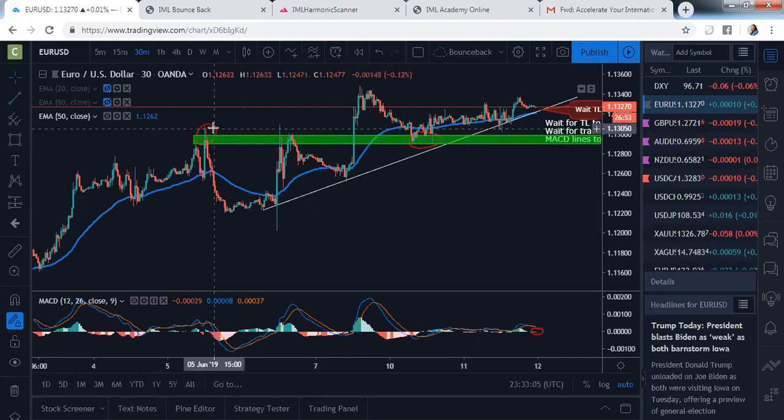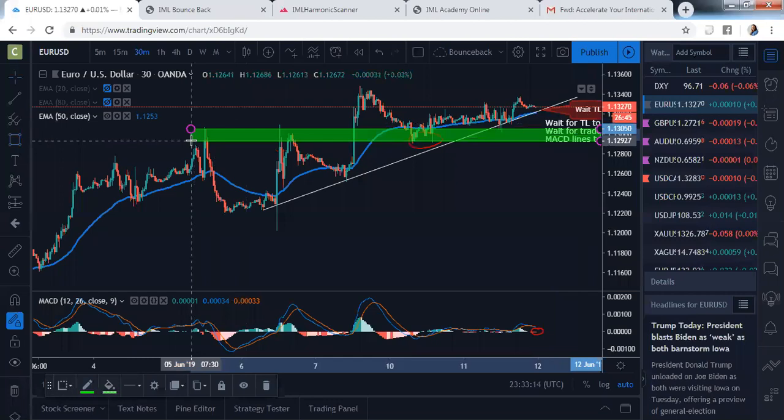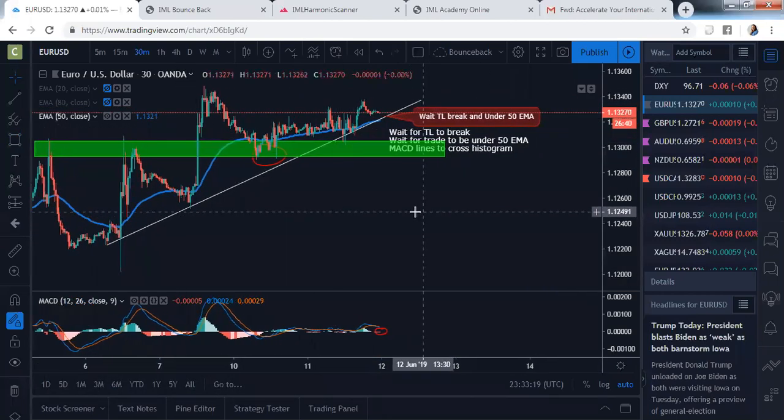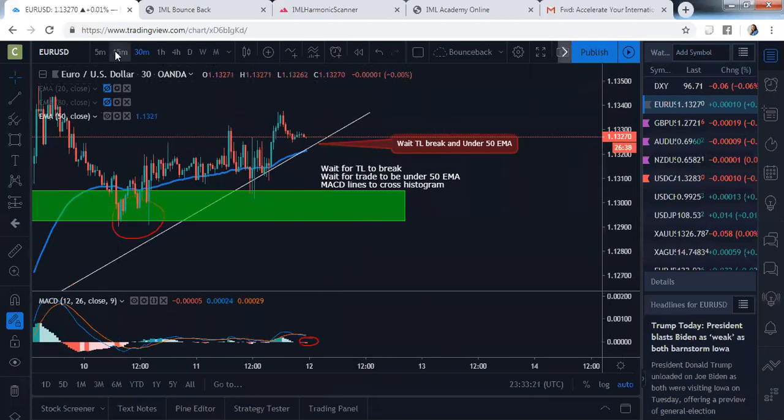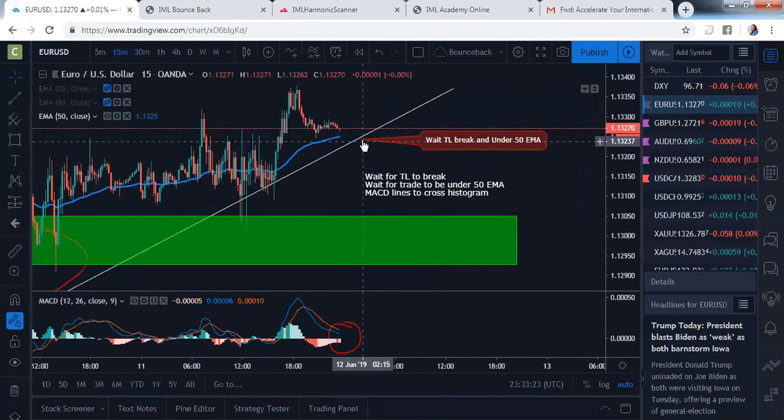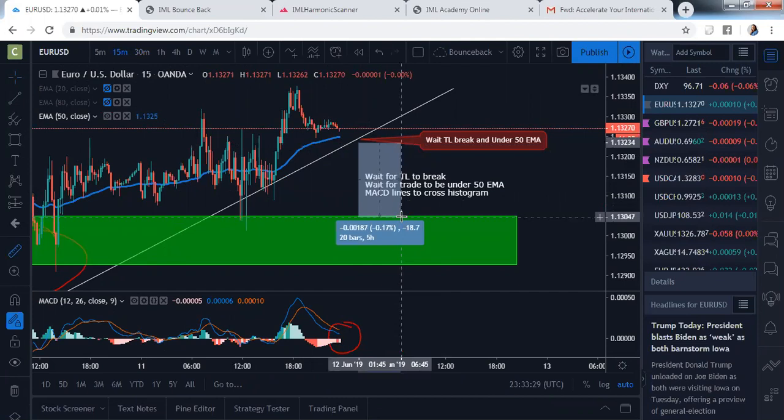This will be my take profit zone. Let's bring it up slightly a little bit. There we go. Take profit zone. Easy. Right? So when it breaks the trend line, potential pip count, 18 pips. Not bad. All you need to do is wait for all of your confirmations to line up, and you're good to go.